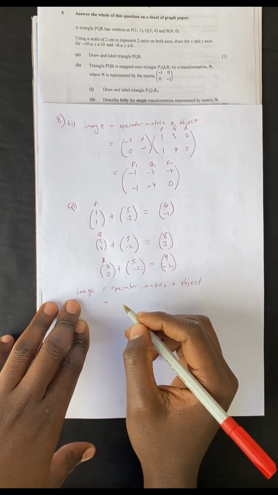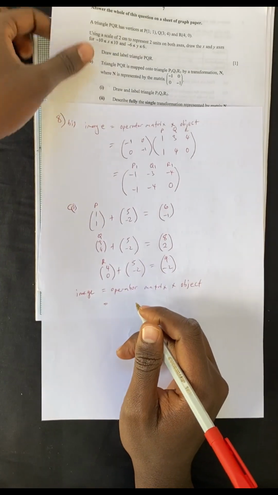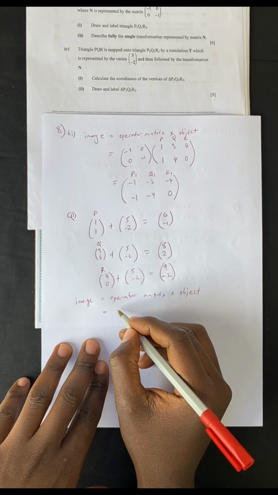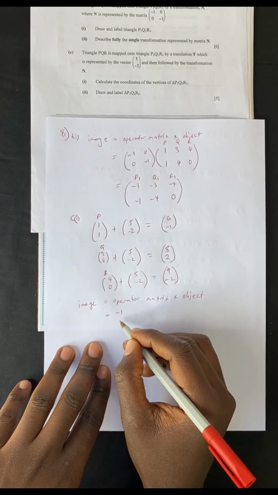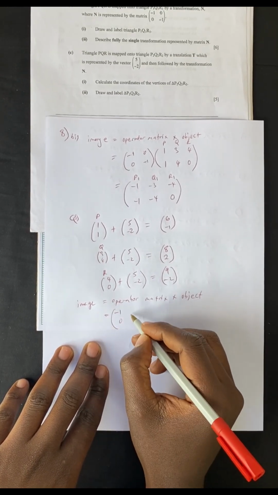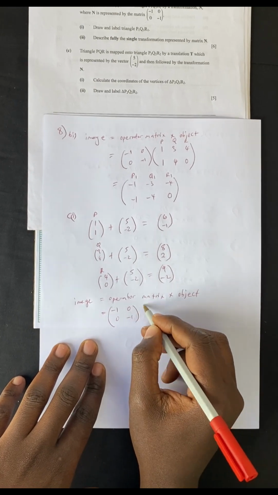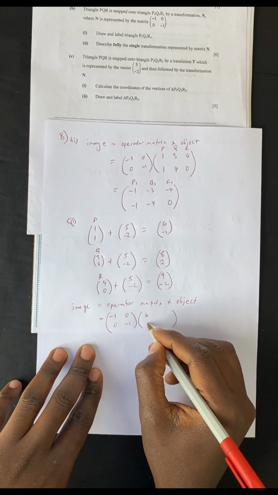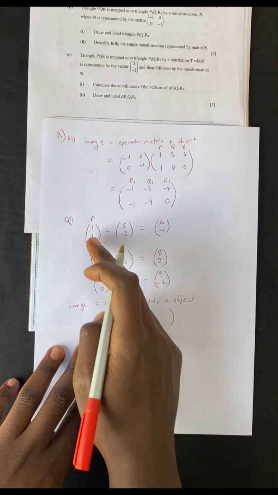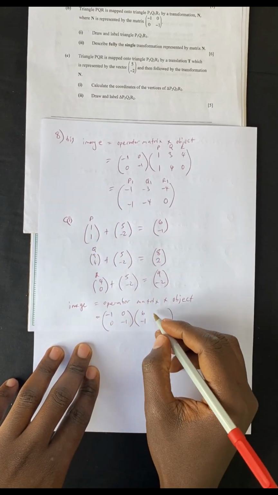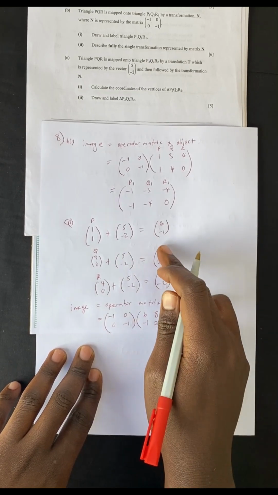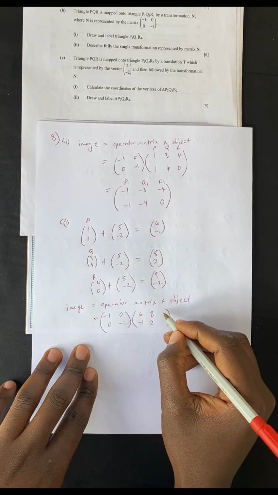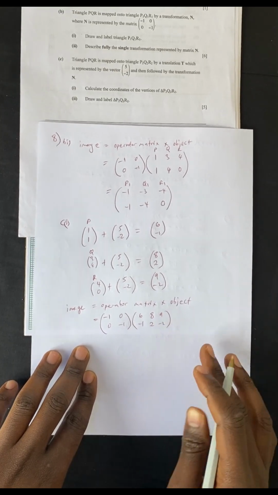So our operator matrix is still the matrix N. So here we are going to use our matrix N, which is minus 1, 0, 0, minus 1, multiplied by our object. I'm just going to put all the points. So it's 6, minus 1 for the image of P under that translation, and we have 8, 2 image of Q under our translation, and point R, this is 9, minus 2.